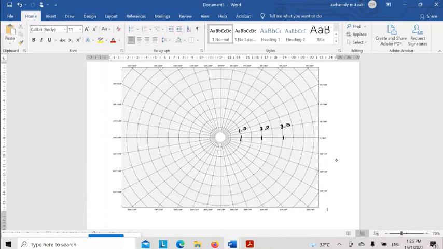Okay, now we have omega 3, our gain is 3.1, and then our phase is 1, 2, 3. So 3.1 is somewhere here.